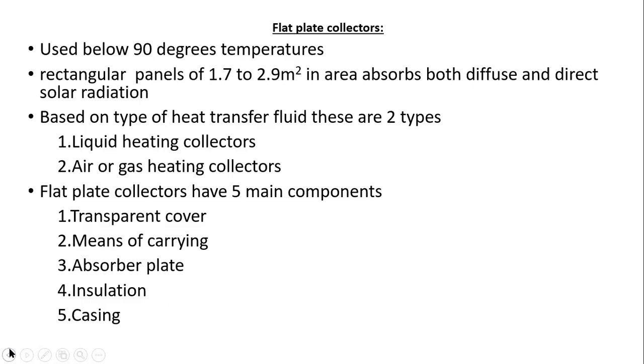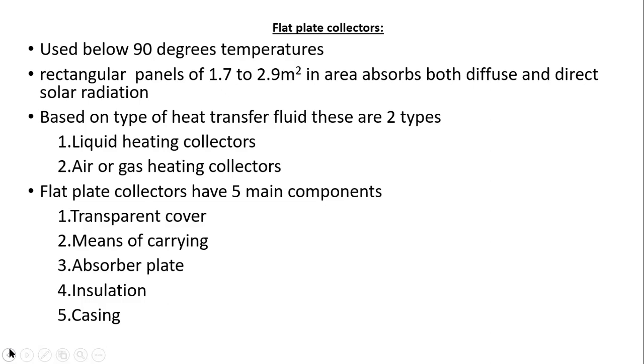So when there is no radiation, their efficiency will also be high. Based on the type of heat transfer fluid used, flat plate collectors are mainly of two types, classified according to the liquid flowing in the tubes of their construction.